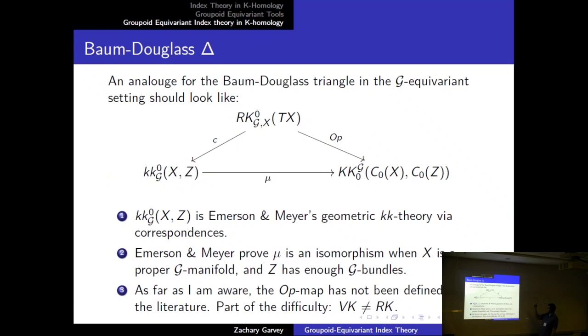Lastly, the original thing I wanted to do with this project was come up with a Baum-Douglas triangle. I really wanted to know what a Baum-Douglas triangle looked like for families. If you're looking at families, you need a bivariant geometric theory to make the triangle make sense. When I looked up existing bivariant geometric K-theories, the one I found was by Emerson and Meyer in this long series of papers.